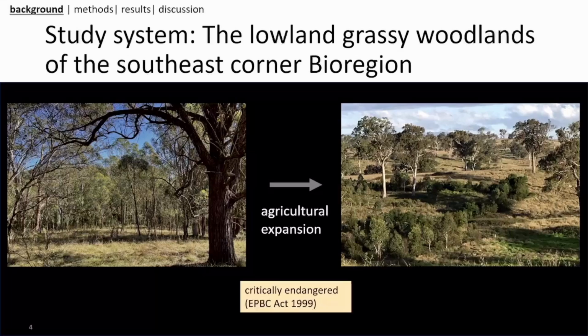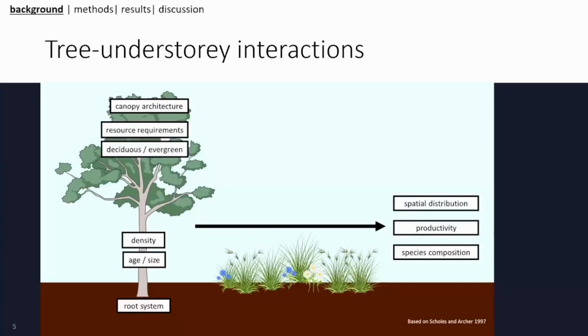I was interested in how these scattered trees affect the understory. So trees can affect the understory, or specifically the spatial distribution, the productivity, and the species composition in the understory based on their traits.